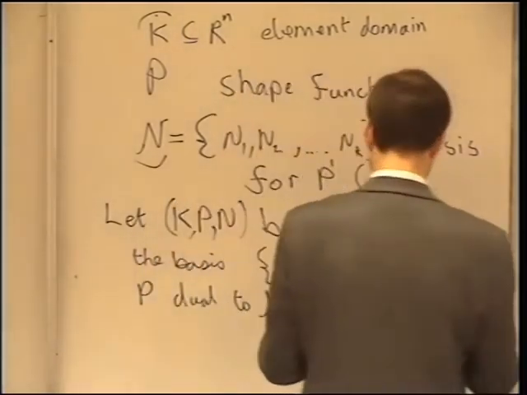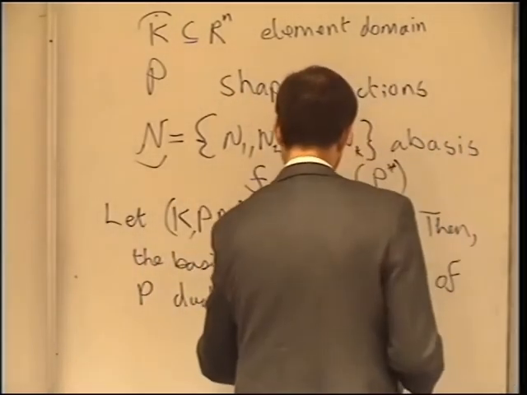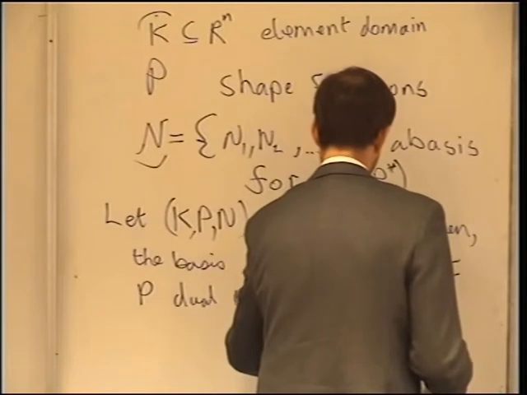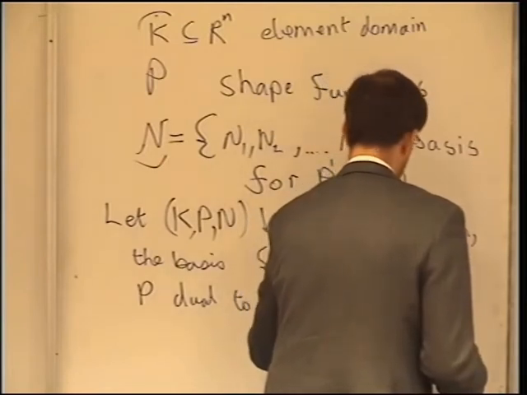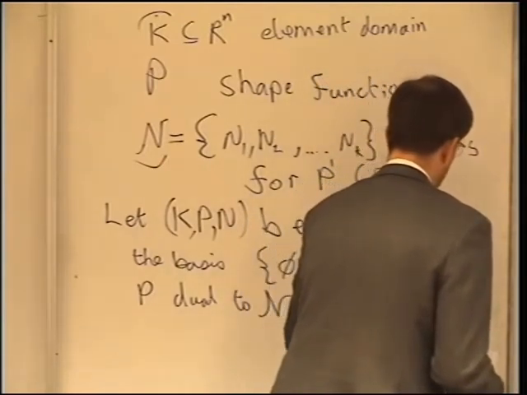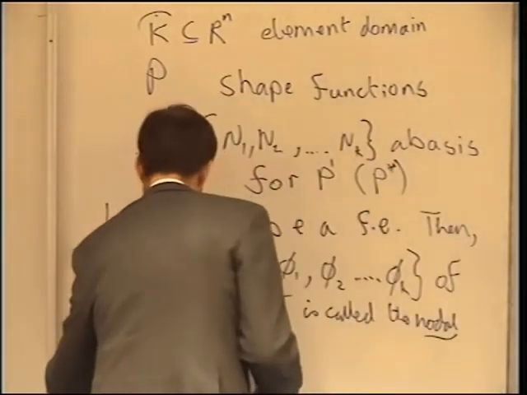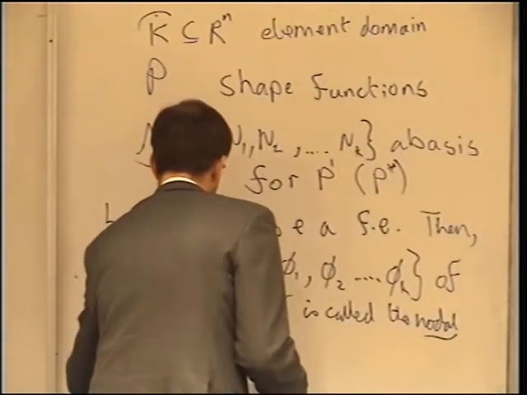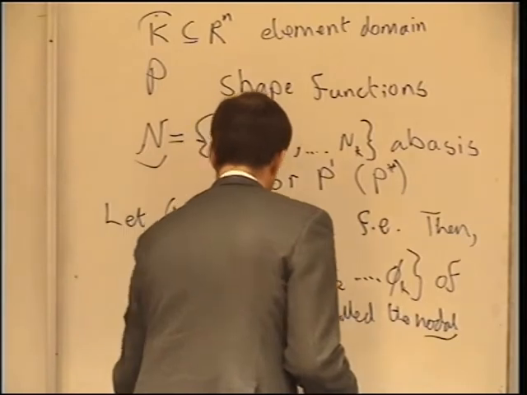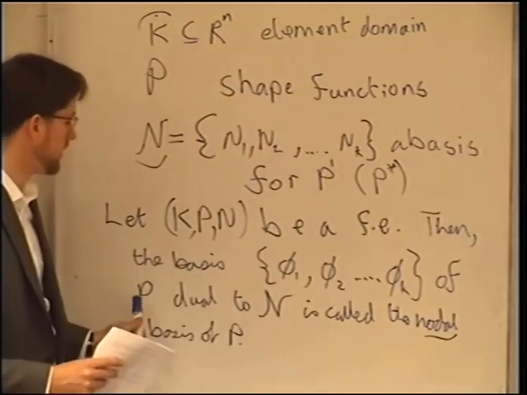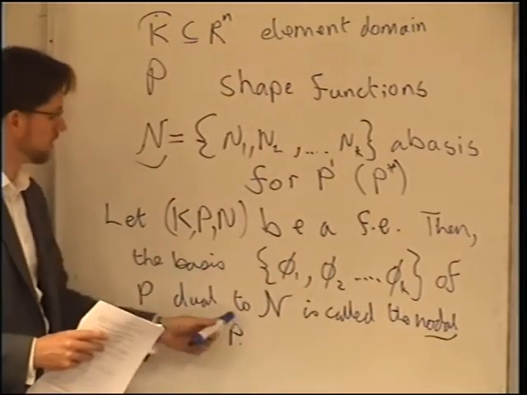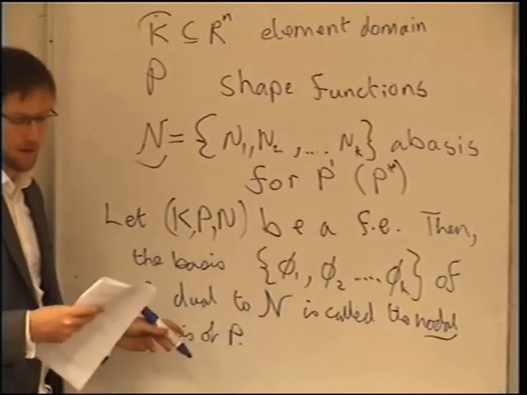The space which is dual to N is called the nodal basis of P. Right? So this is a basis for P, and it's defined by being dual to N.